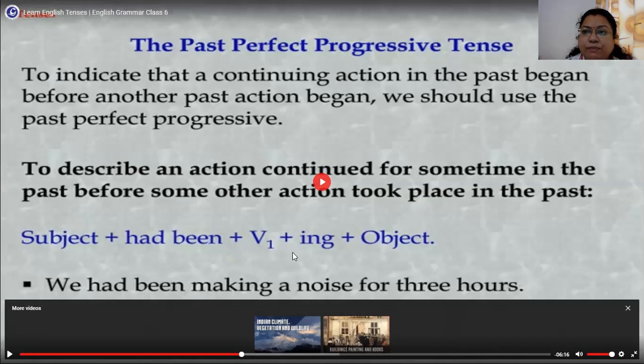Okay, so the last member of the past tense family is the past perfect progressive tense. I repeat myself, the progressive word means continuous, so children don't get confused again and again.